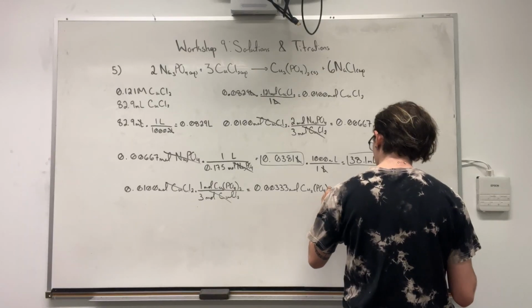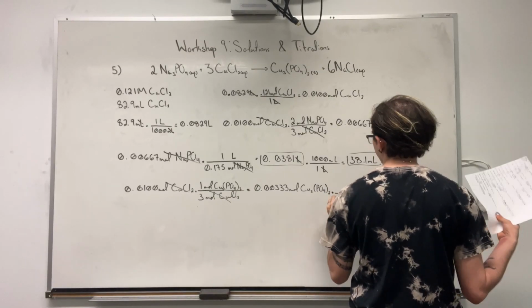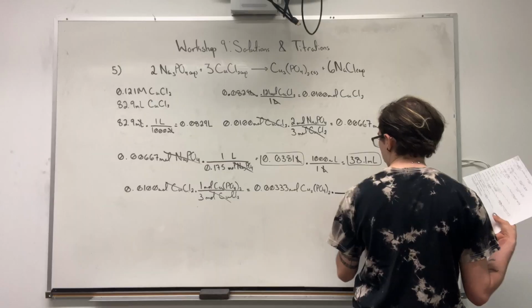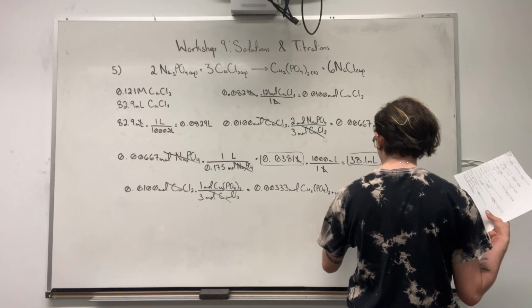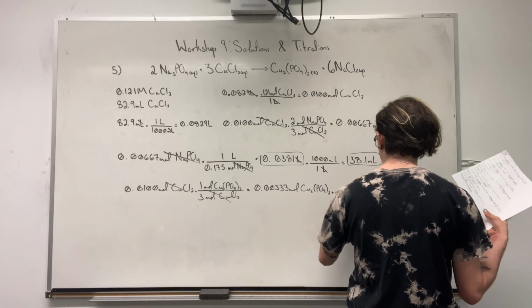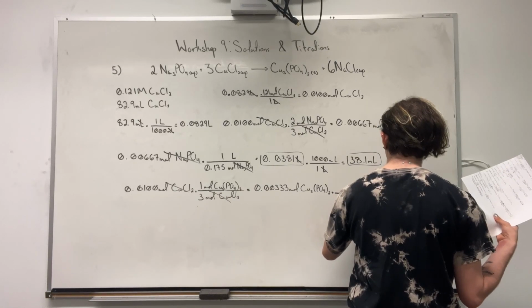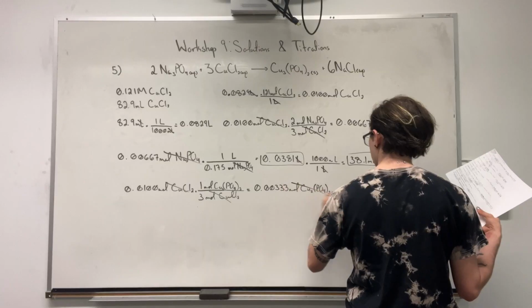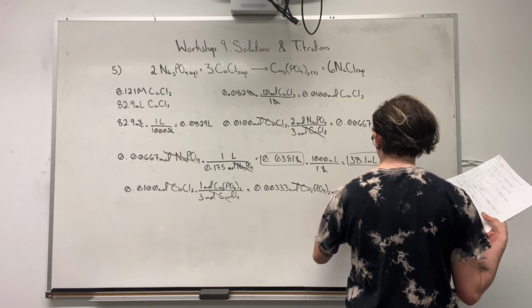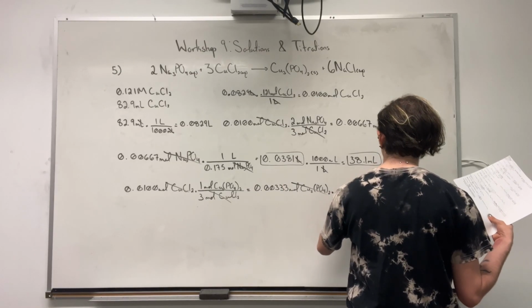And if this is how many moles we have, as always, if we have moles and we're trying to get to grams, we need molar mass. We're starting in moles, so our moles of copper phosphate will go in our denominator, so they cancel out. And our grams of copper phosphate will go in our numerator.